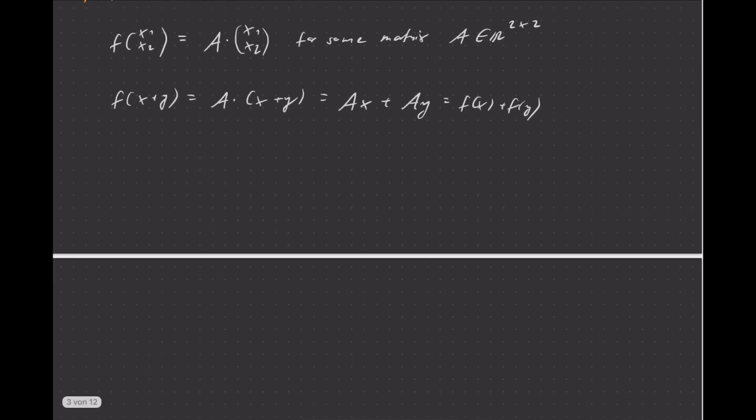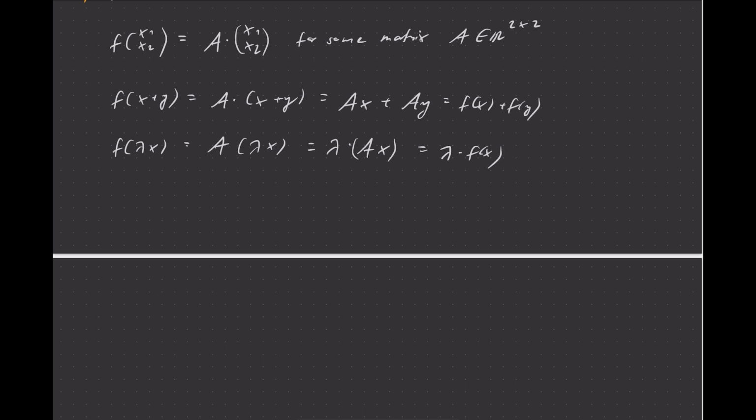And of course, the same is true for f of lambda x. That is A times lambda x. And by definition of matrix multiplication, this scalar, this lambda, can be written anywhere. So you can just take out that lambda here. And then you have lambda times Ax, which is lambda times f of x.